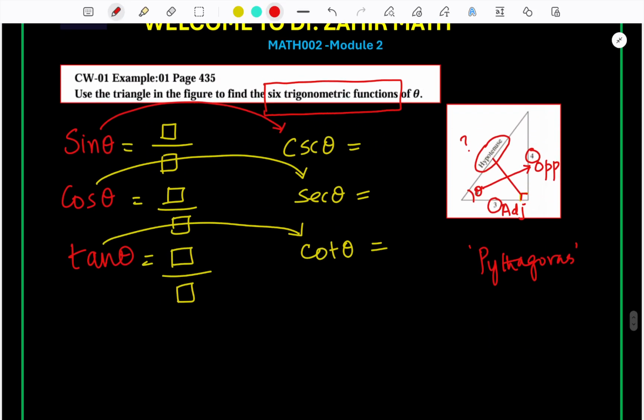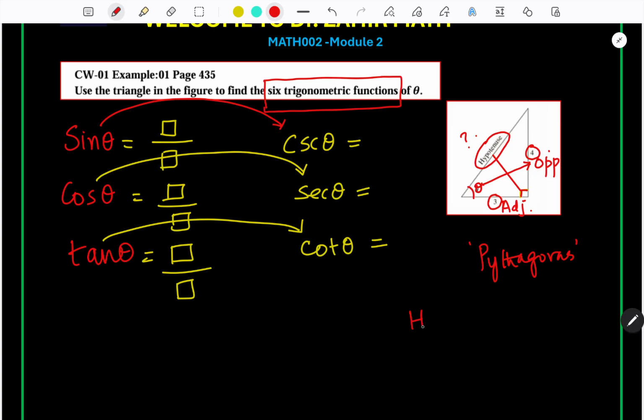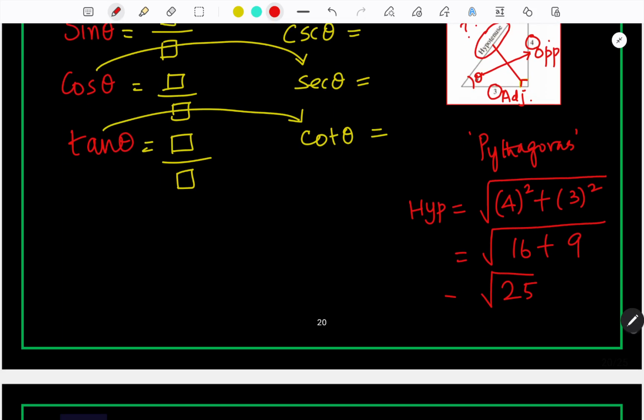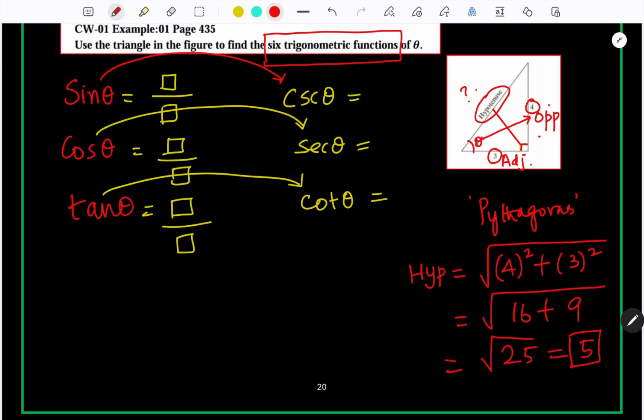Suppose you want the hypotenuse, it is equal to the square root of 4 square plus 3 square, which is 16 plus 9, which is 25 square root. So which is equal to 5, right?